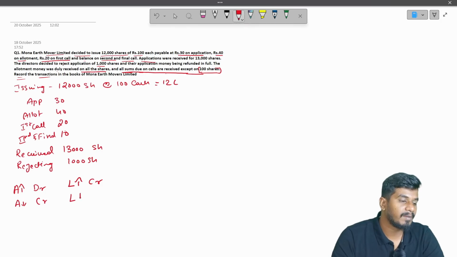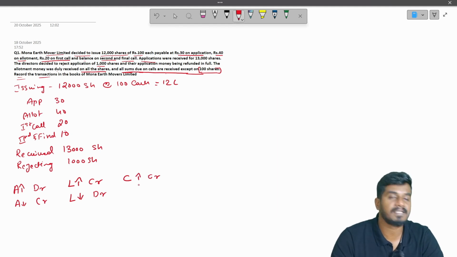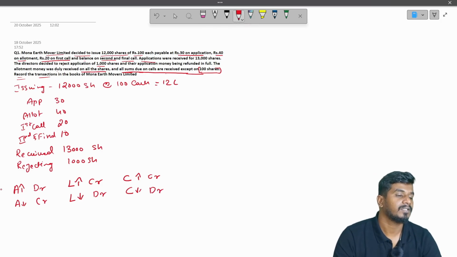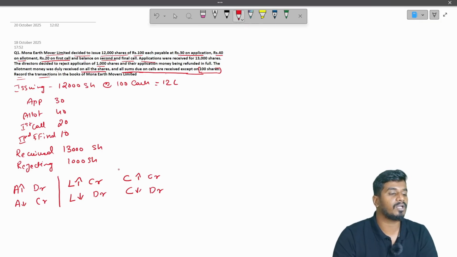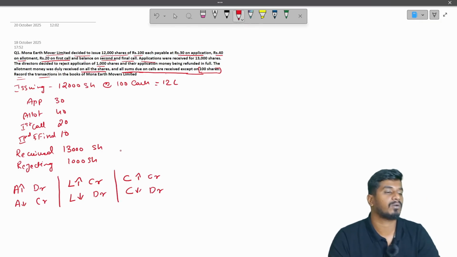If a liability decreases, we need to debit. And if capital or share capital increases, we need to credit, same as liability. If capital decreases, obviously it is debit. This is the basic rule you need to understand to solve this question.